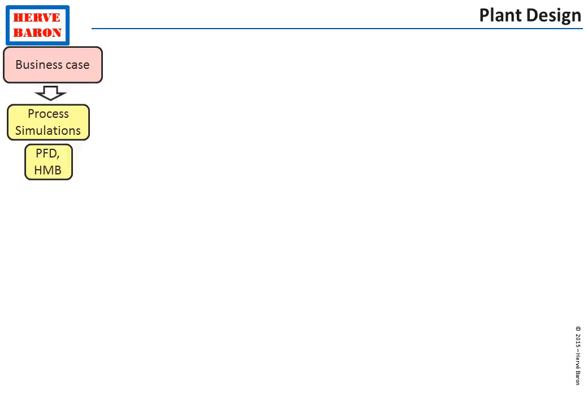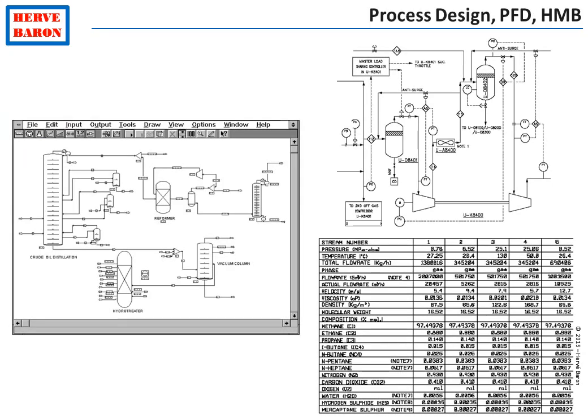Process will perform simulations and will define a process scheme to achieve these product capacities and specifications. The result of that will be to issue a process flow diagram and heat and material balances. The heat and material balances show the conditions in all process streams as well as the duty of all the equipment involved in the process.